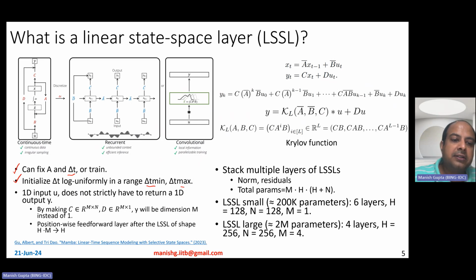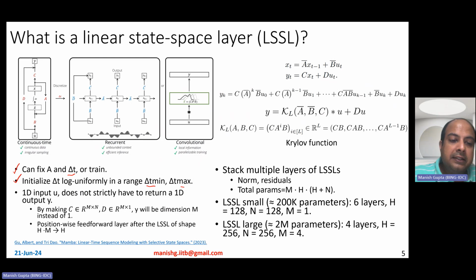So you initialize A and delta T, and either you fix them or you train them. B, C, D can be randomly initialized, and you train them like a standard RNN model, using backpropagation and so on.